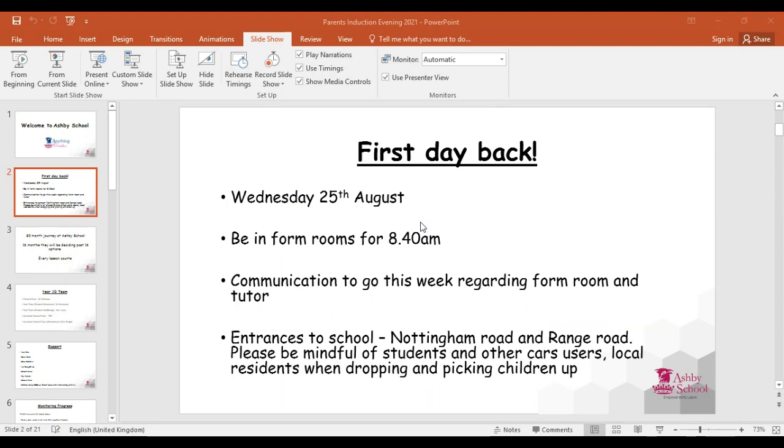We've had some questions over the last couple of weeks regarding induction, form rooms and form tutors. Communication is going out this week regarding the actual form room and form tutor for your children, and that communication will also include the options that your child has been given. 99% of the time students receive the options that they have chosen, but that will be confirmed to you in the communication going out this week, so please keep an eye out for that.